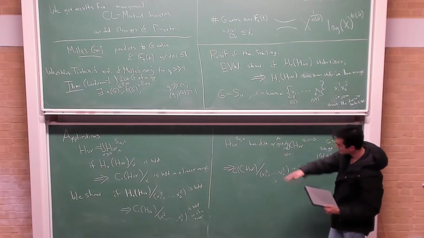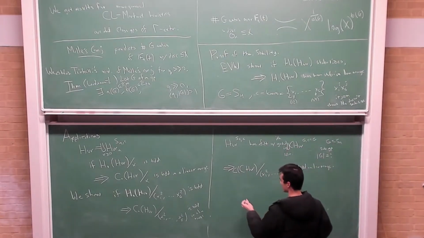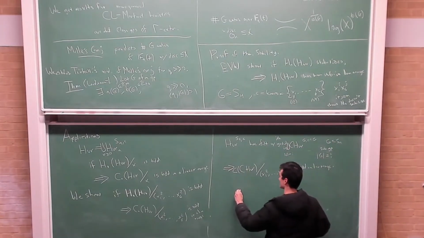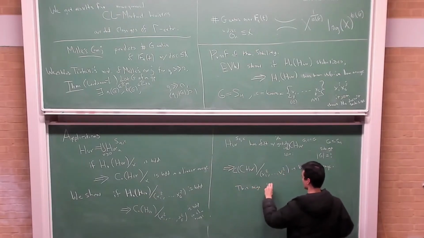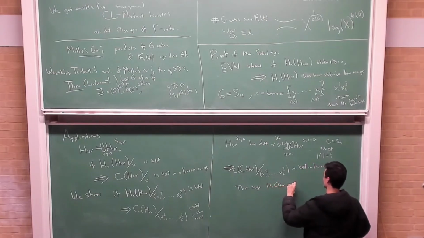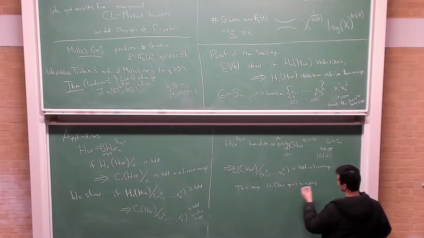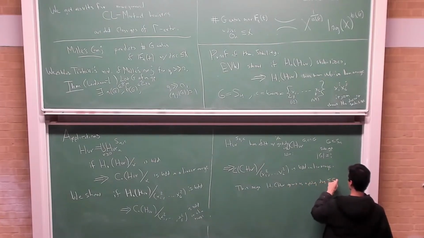And so one way to interpret what this is saying is that this is not really a homological stability result. This roughly says that the homology of connected Hurwitz spaces grows as a polynomial. It grows asymptotically as a polynomial of degree less than or equal to 5.